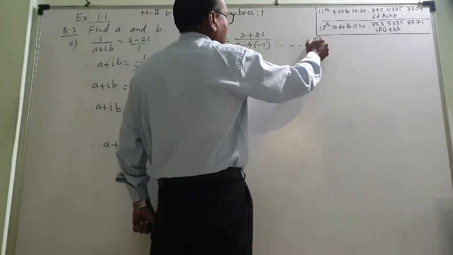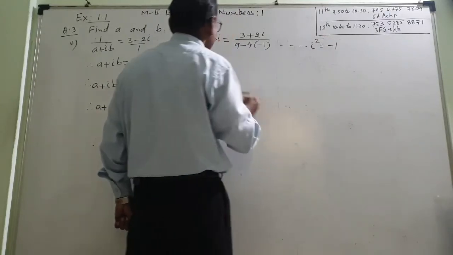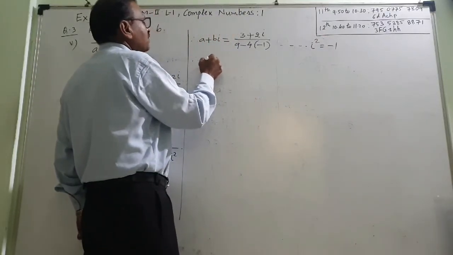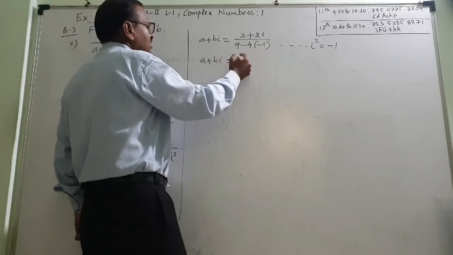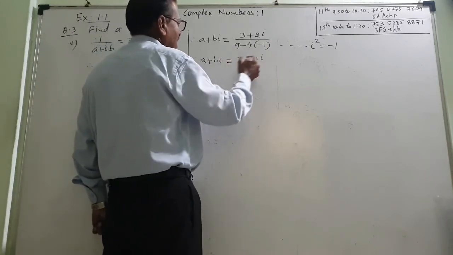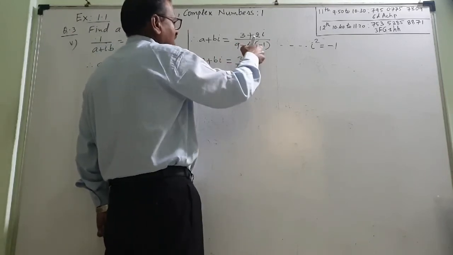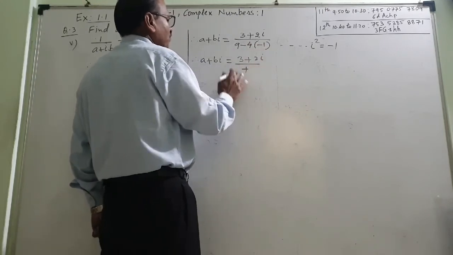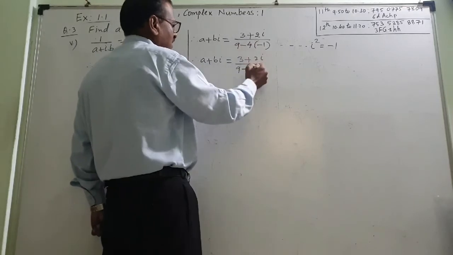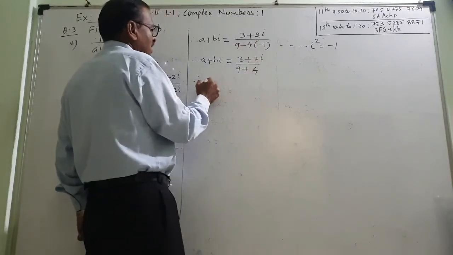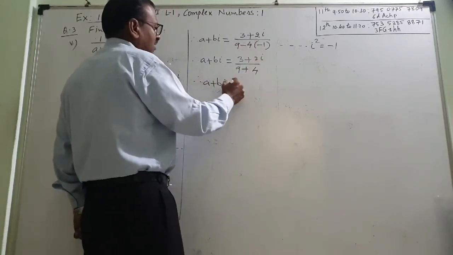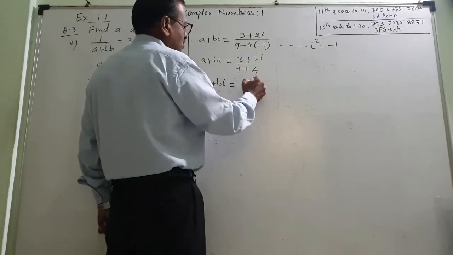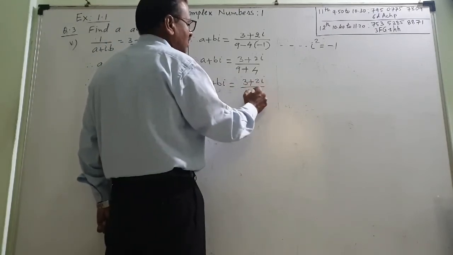Here I will give the reason: i square equal to minus 1. Therefore, a plus bi is equal to 3 plus 2i upon 9, minus into minus becomes plus, so this will be plus 4. Therefore, a plus bi is equal to 3 plus 2i upon 13.